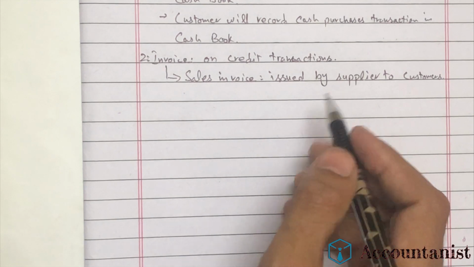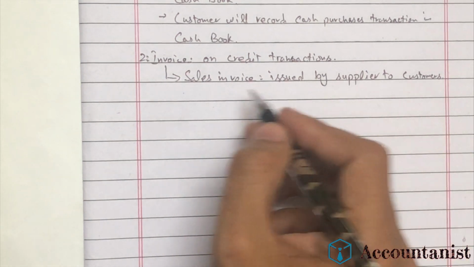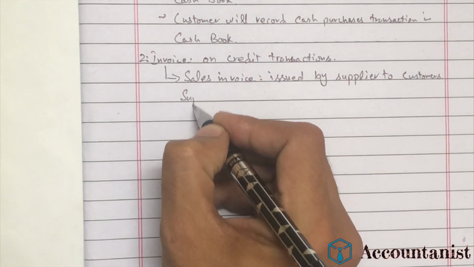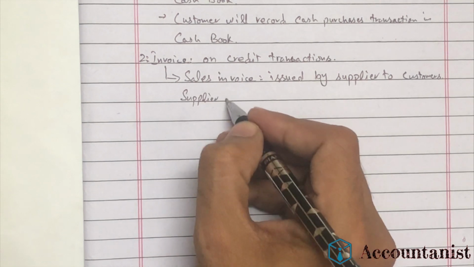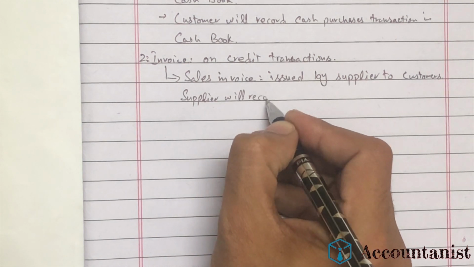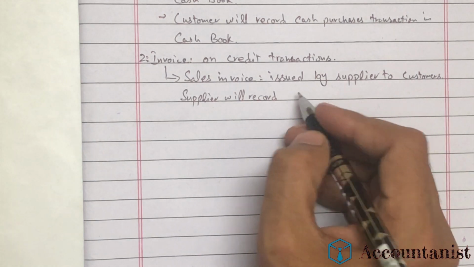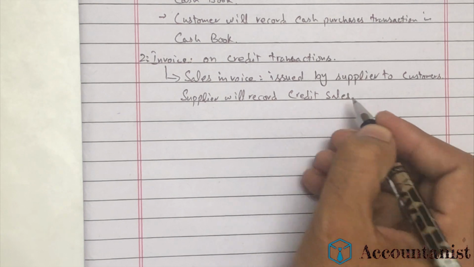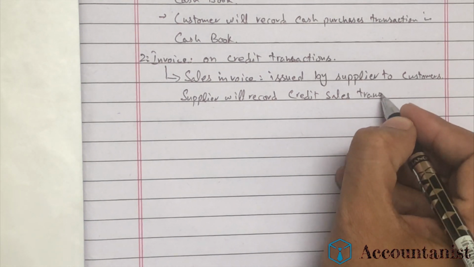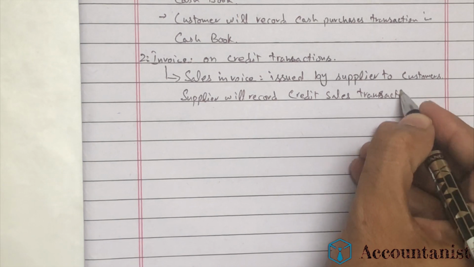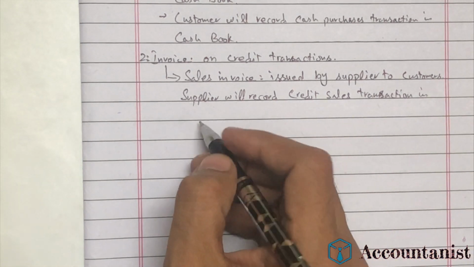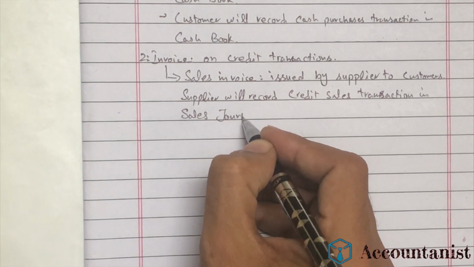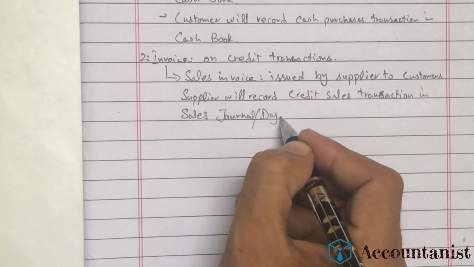Once they issue this, they will record the entry. The supplier will record the credit sales transaction in the sales journal or daybook.